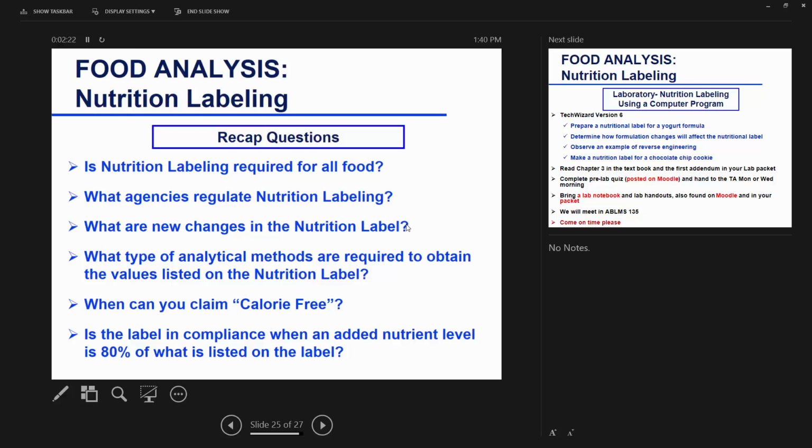No, it doesn't depend, just added, you added in something. So is it okay to have only 80%? No, it should be like 100%. It should be at least 100% or more. This is 80% or more, could be for the naturally occurring nutrients.